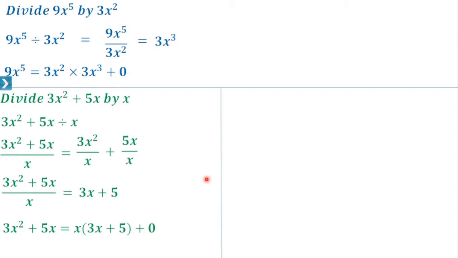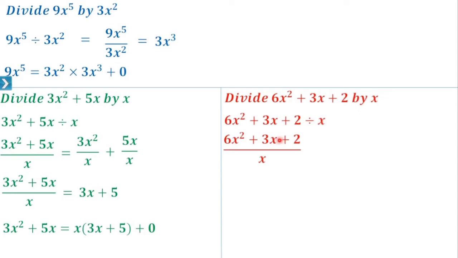Now take one more example. Divide trinomial by monomial. 6x square plus 3x plus 2 by x.